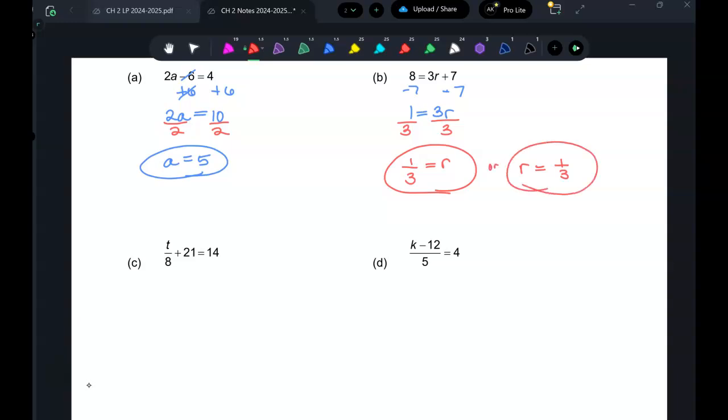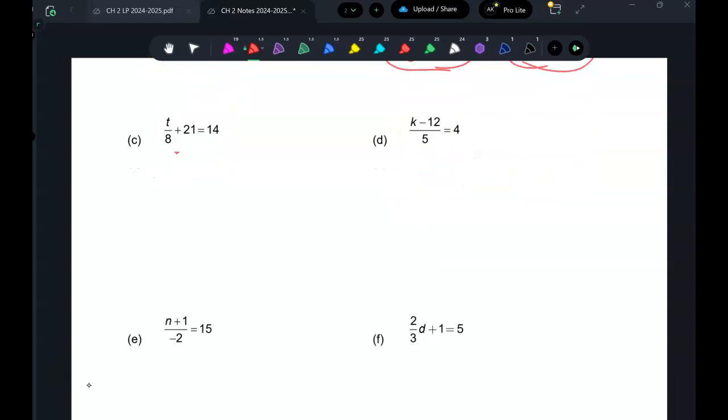Okay, raise your hand if you can help me with C. All right, Eli. So you subtract 21 on each side. Minus 21 on each side. So we get t over 8 equals 14 minus 21, which is minus 7. Negative 7, good. And then times 8 over 1.